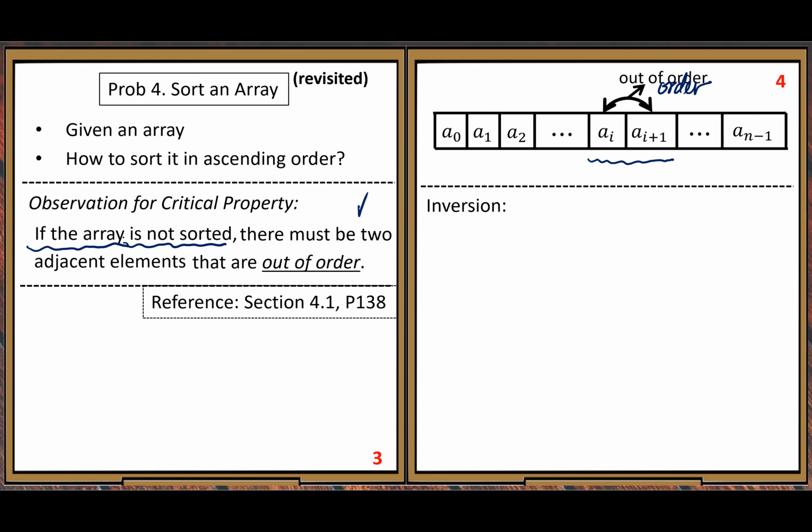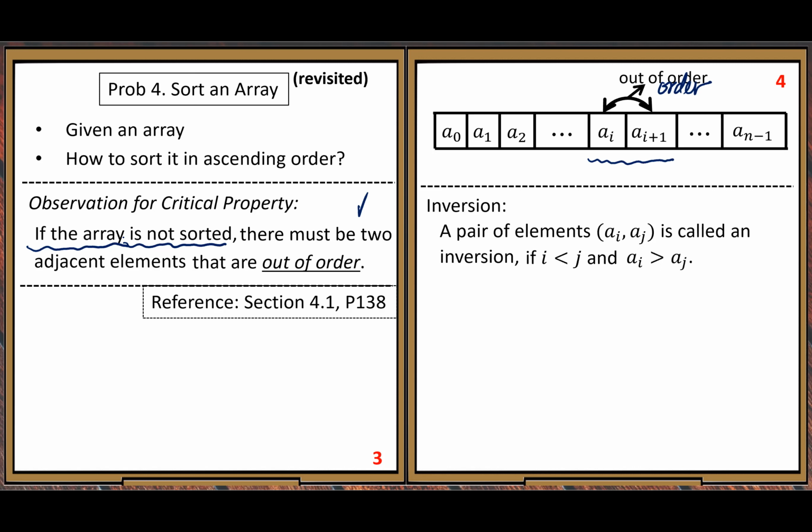A pair of elements, A sub i and A sub j, is called an inversion if the subscripts i less than j, but the element values A sub i is greater than A sub j.